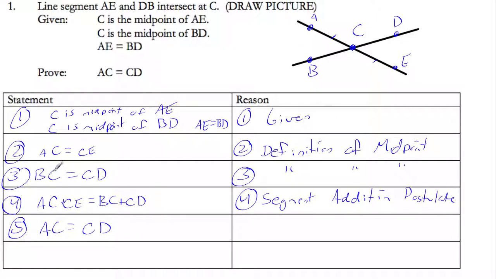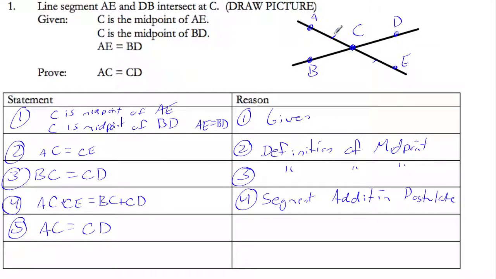But since I know that CE is equal to BC, I know that AE is equal to BD.